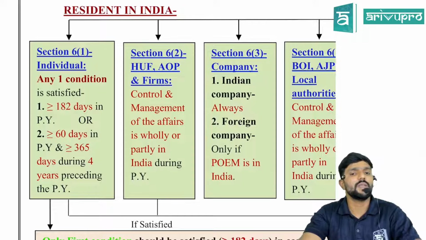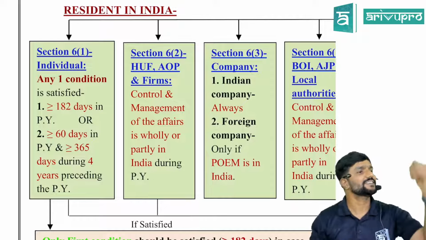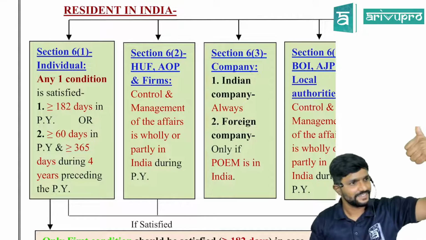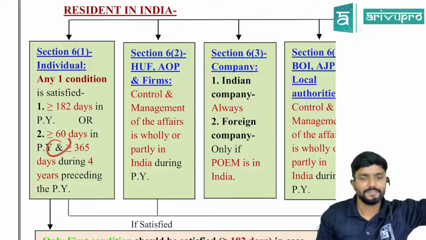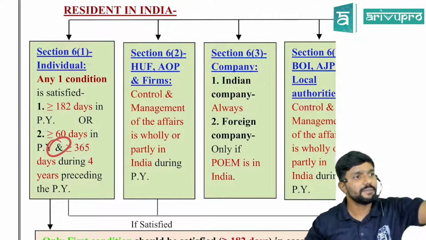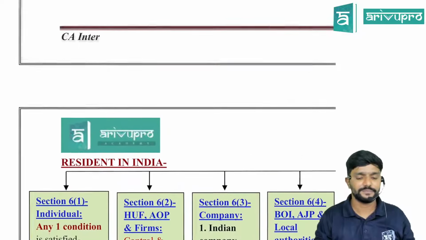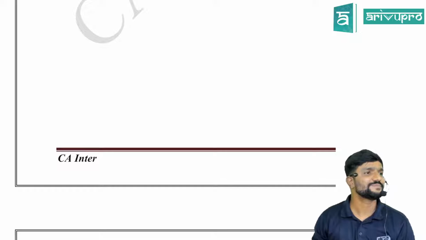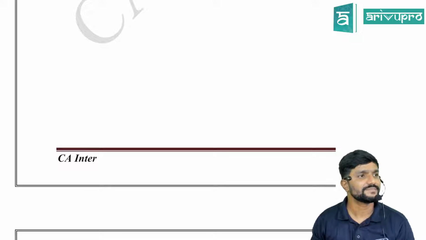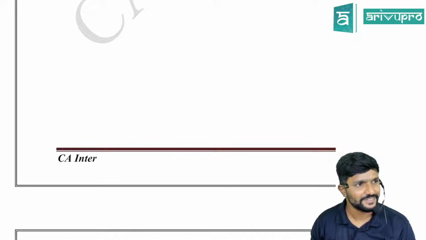What are those two conditions? 182 days or more in the previous year, or 60 days in the previous year and 365 days in the 4 years preceding the previous year.